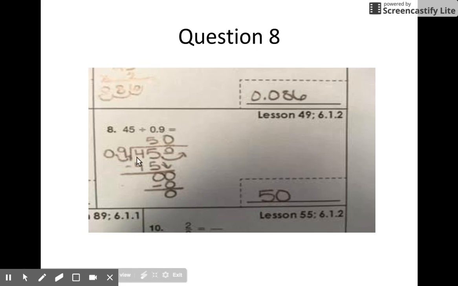Then I can divide. 9 goes into 45 5 times. I put the 5 above the 5. 5 times 9 is 45, and I subtract and get 0. I must bring down my last 0 to make it double zeros. 9 goes into 0 0 times, and 0 times 9 is 0. And I get the answer of 50.